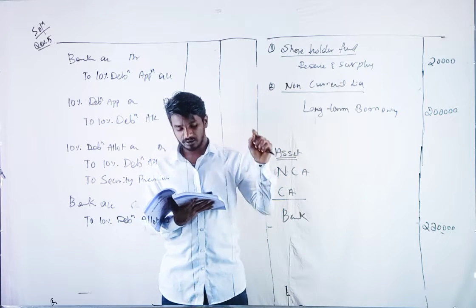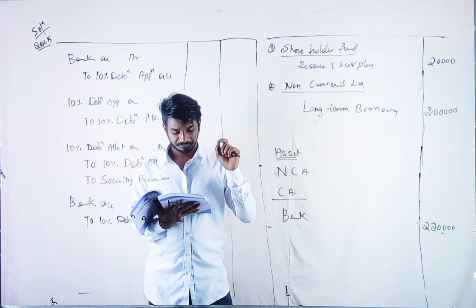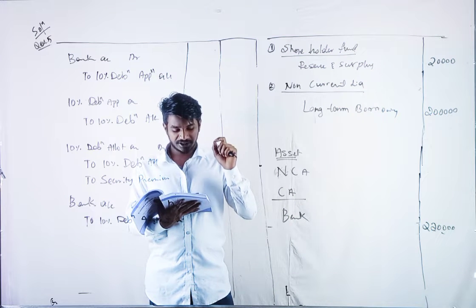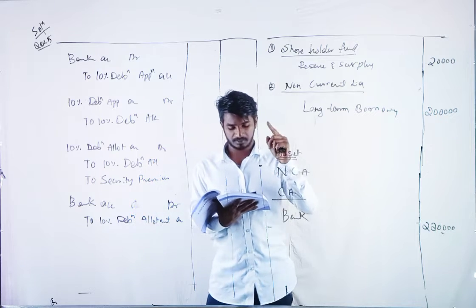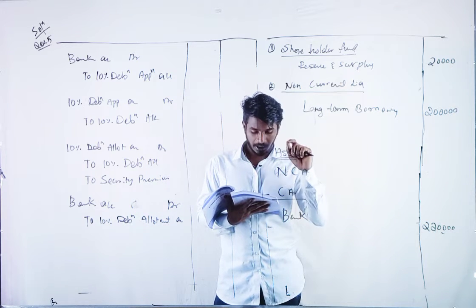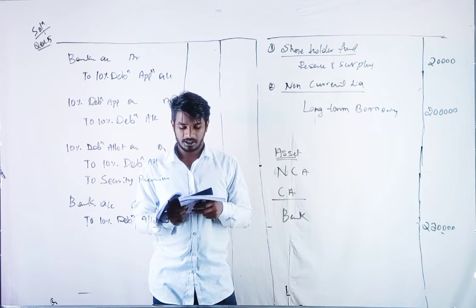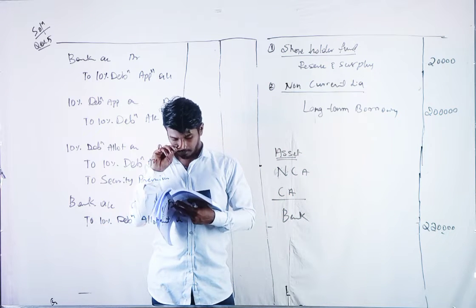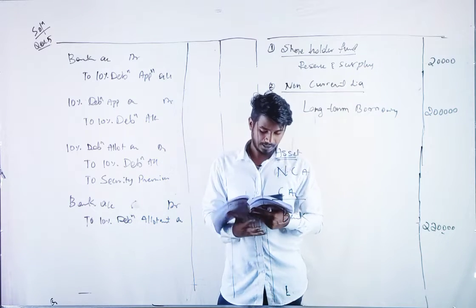Applications for 9,000 debentures were accepted in full, and applications for 2,000 debentures were allotted 1,000 debentures pro rata. The remaining applications were rejected. All money was duly received. Journalize the transaction.